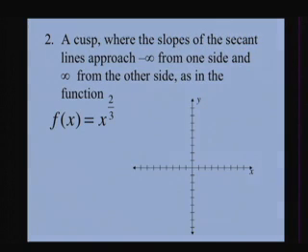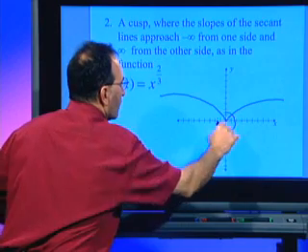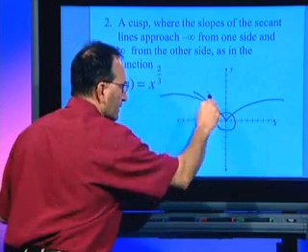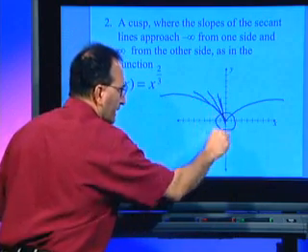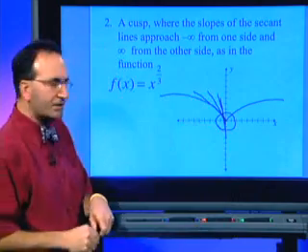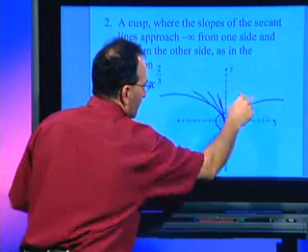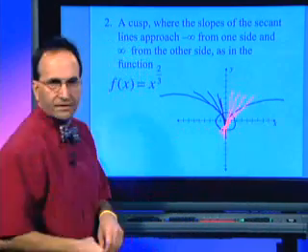The graph of this function looks like this. You can see that right here we're getting a cusp. The slopes are approaching negative infinity from one side, and if I look at the other side, they would be approaching positive infinity.